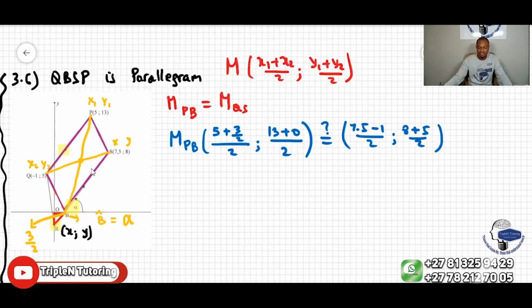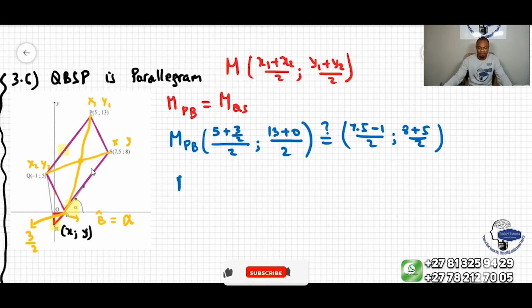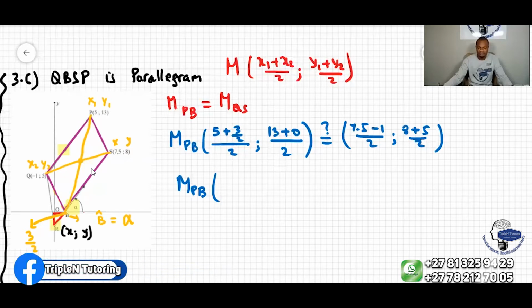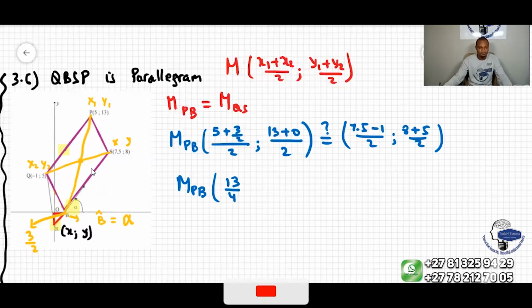Let's check. The midpoint of PB will be 5 plus 3 over 2; using the calculator, that makes 13 over 4, and the y coordinate is 13 over 2.